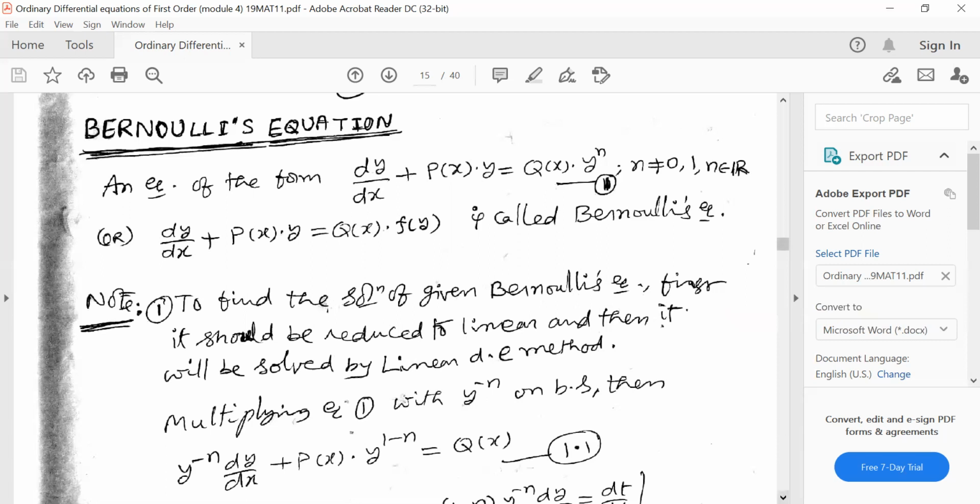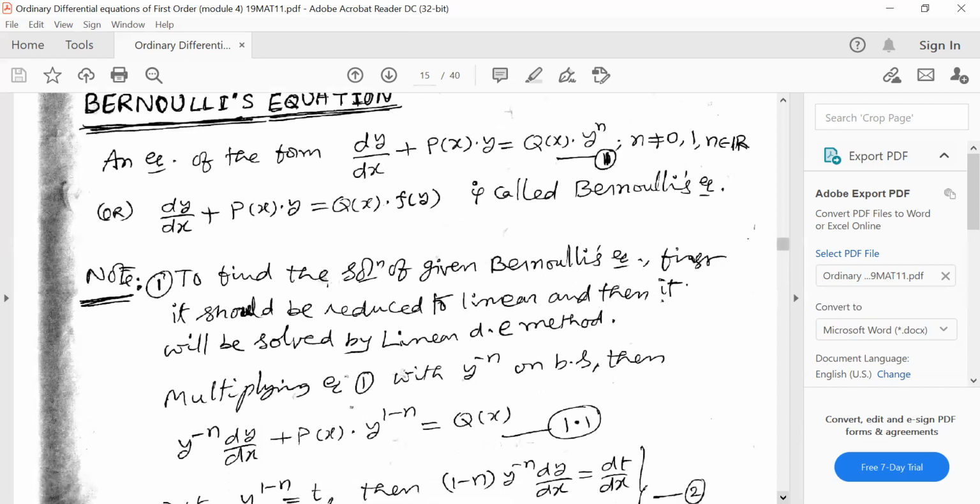So how to solve this type of problem? Since we have learned so much about linear and it is a small correction that is to be made on the right hand side, we will try to reduce it to linear if possible. This is what the attempt is. First it should be reduced to linear, then it will be solved by linear method.